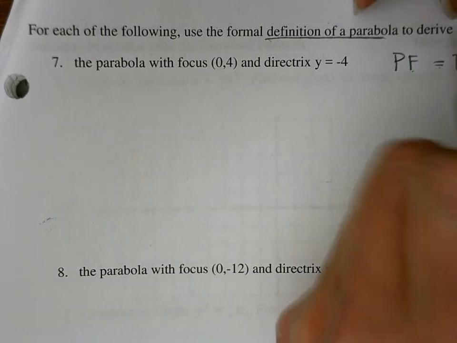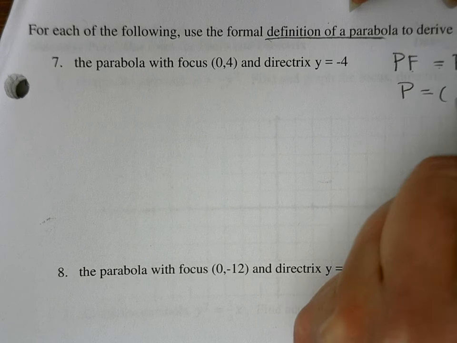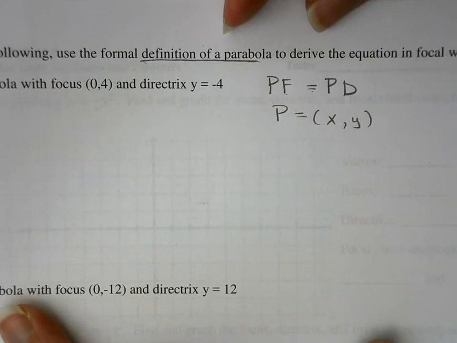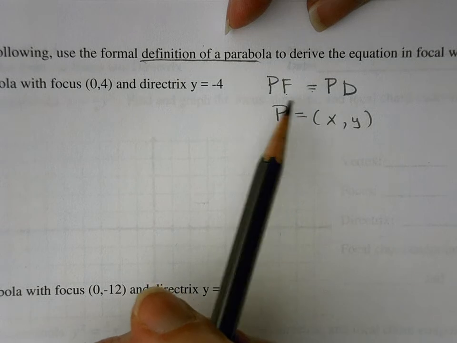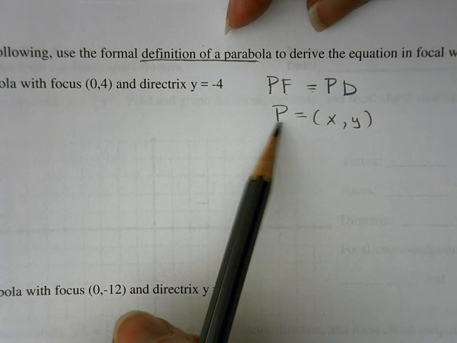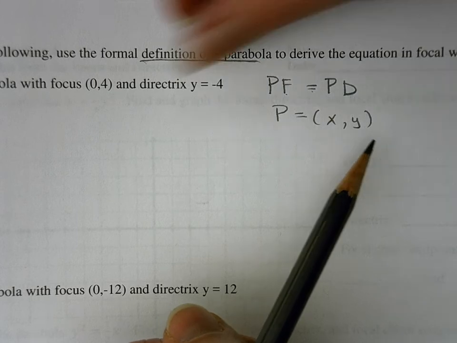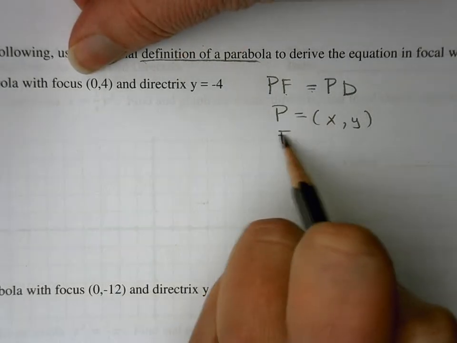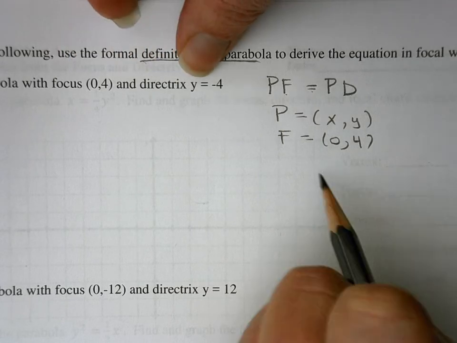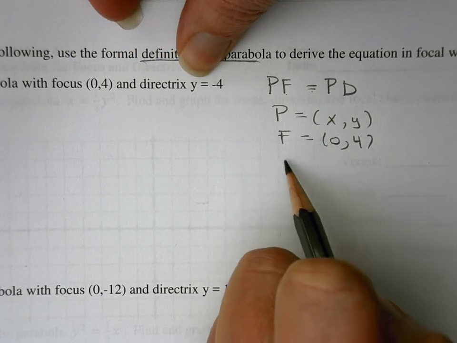For P, I'm always going to use a random point on the parabola, so x comma y. They're giving me my focus, the ordered pair (0, 4), and my directrix, the line y equals -4.